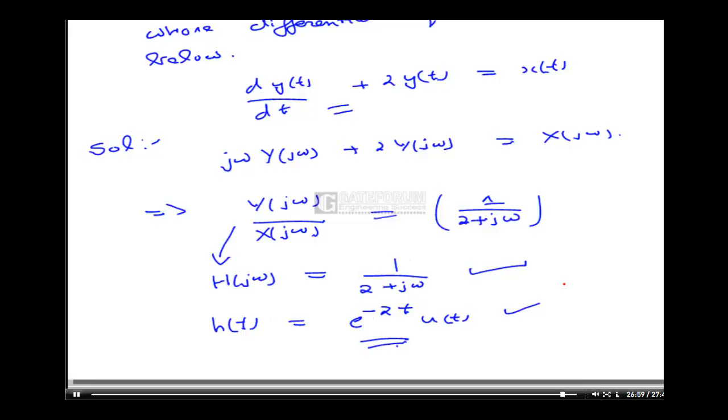Because this also contains a frequency response 1 upon 2 plus j omega. Why frequency response? We will change the frequency and see the variation of H of j omega, the behavior of H of j omega with respect to frequency. So when this is in the frequency domain, that's why it's called the frequency response.